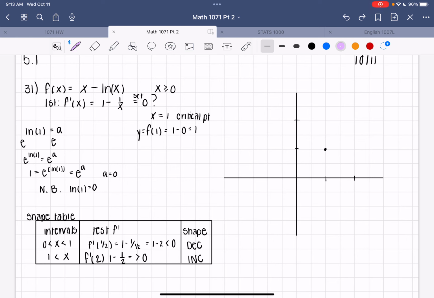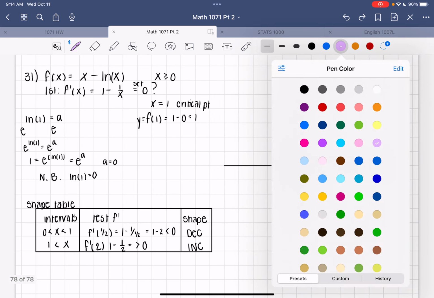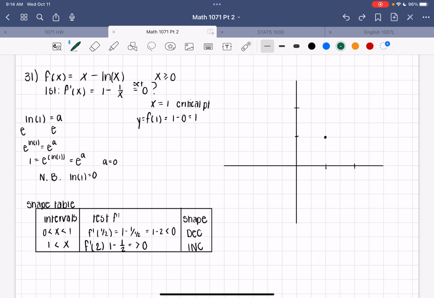Because if you want something which is decreasing, it has to look like that. And if you want something increasing, it's got to look like that. Sorry about that. You're decreasing on the left and you're increasing on the right.